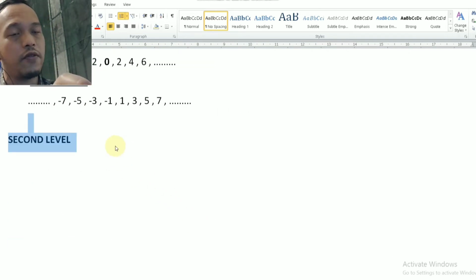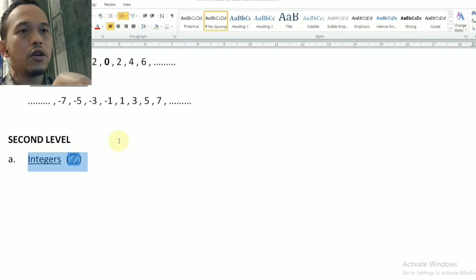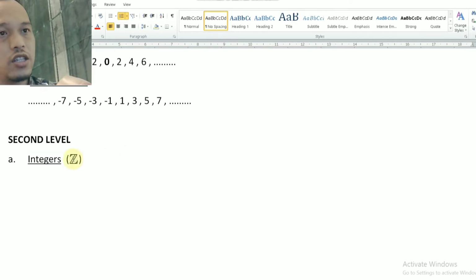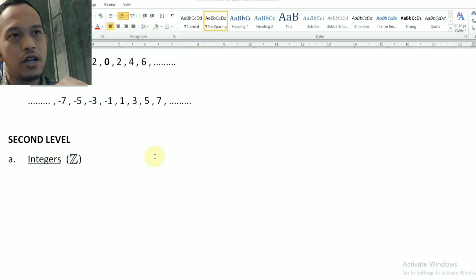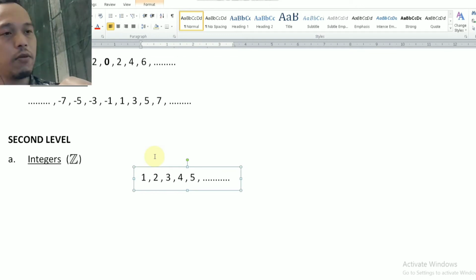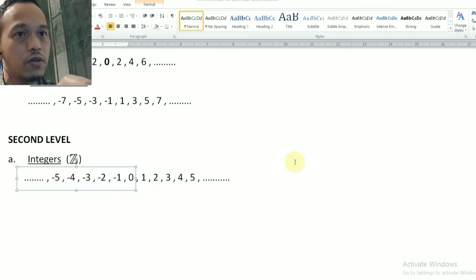How about the second level? When we go upward on the tree diagram, the first one is the integers. This is the symbol that we use, the Z. Integers consist of first the counting numbers, 1, 2, 3, 4, 5, 0, and the opposite of the counting numbers, which are the negatives.